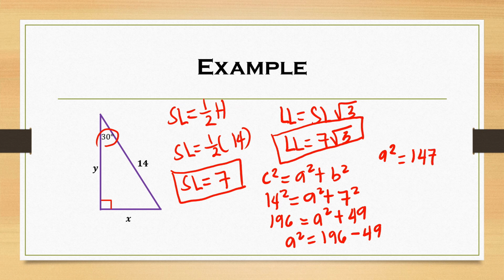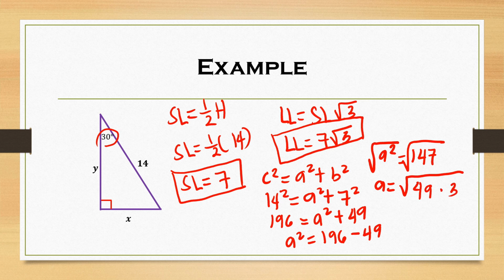Okay? Now, get the square root of both sides. So, A is equal to. So, ano ba yung isang factor ni 147 na ang isa doon ay perfect square? So, we have 49 times 3.